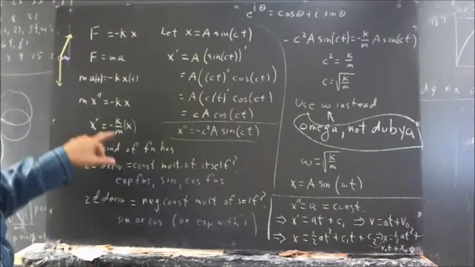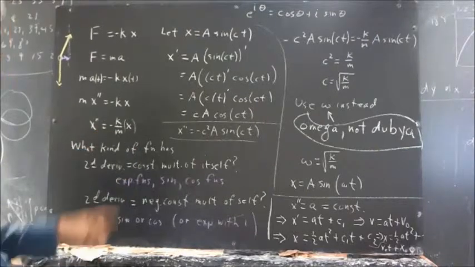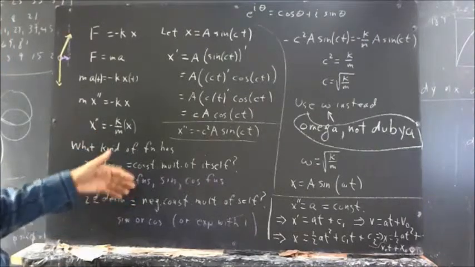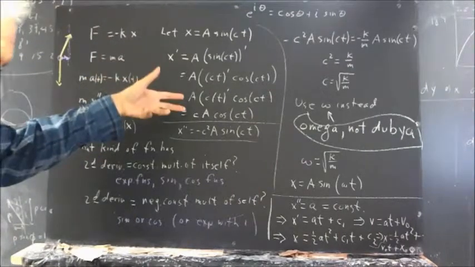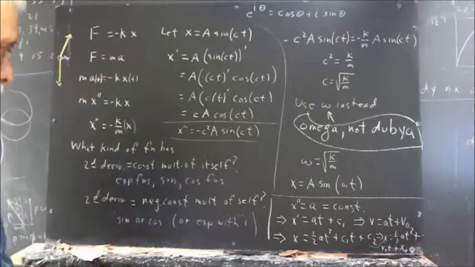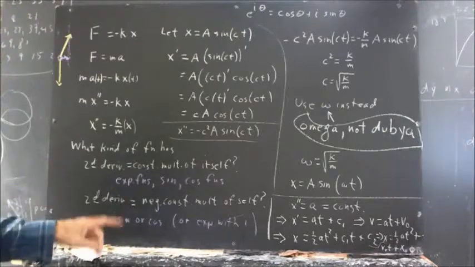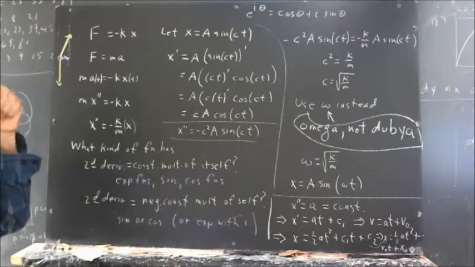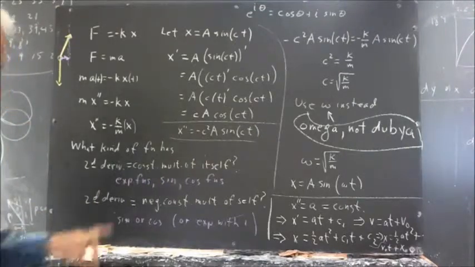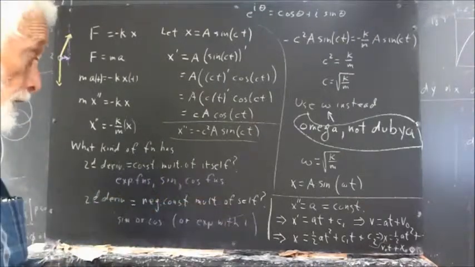Your second derivative won't be a negative constant multiple. Whether your exponential function has a positive exponent or a negative exponent, the second derivative is going to give you a positive multiple.